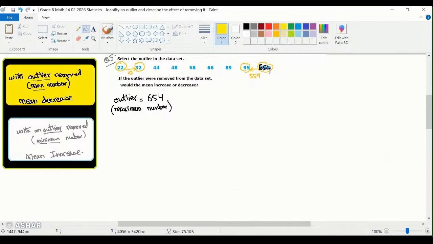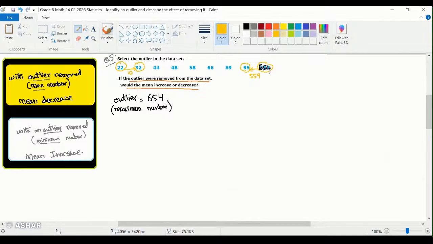If the outlier is removed and it's a maximum number, what should happen to the mean? We have to find this. If the outlier is removed from the data set, would the mean increase or decrease?